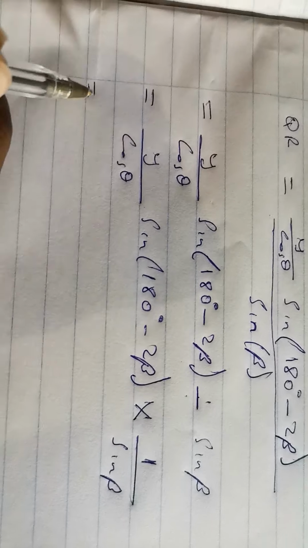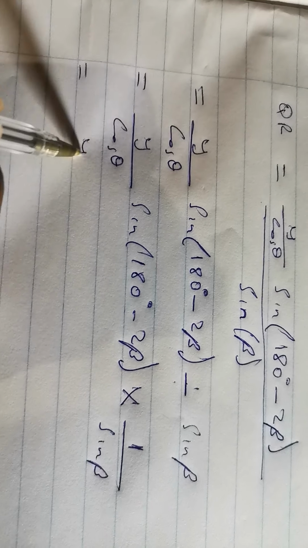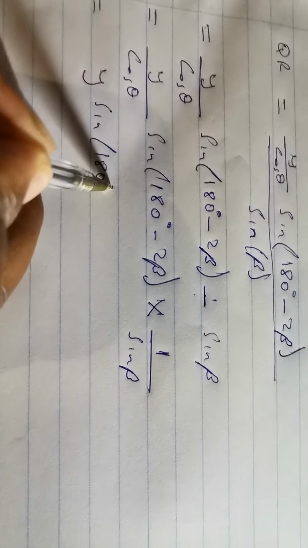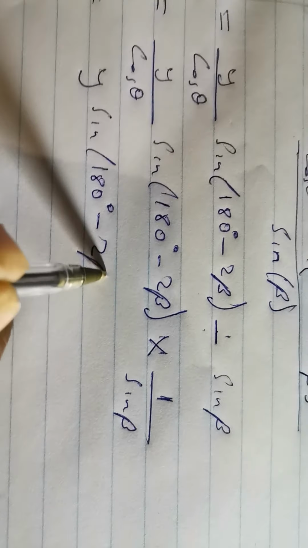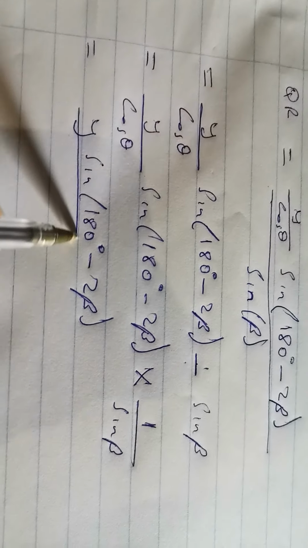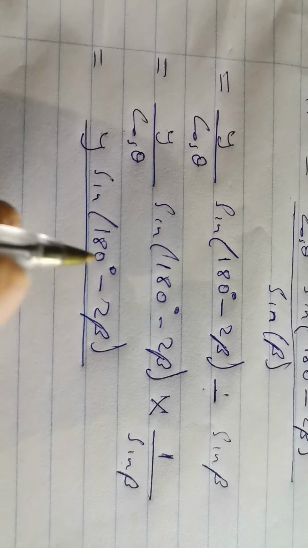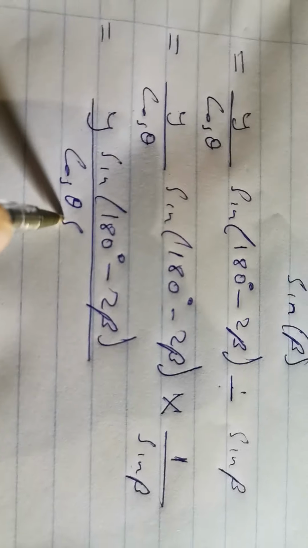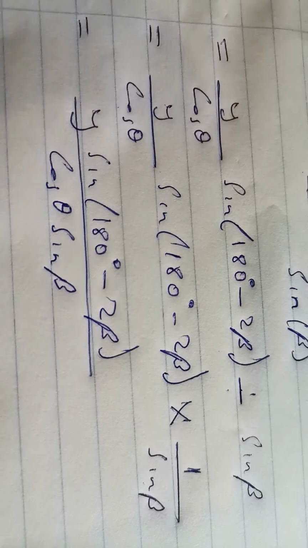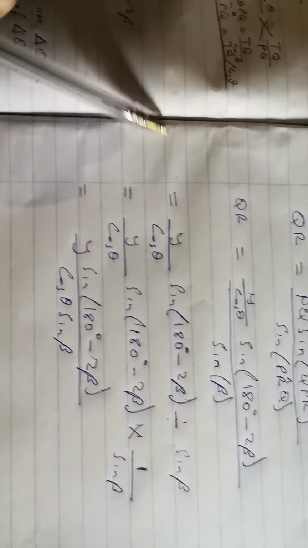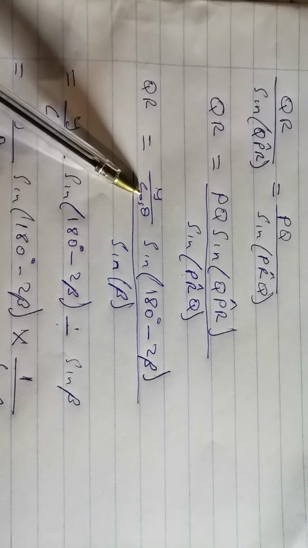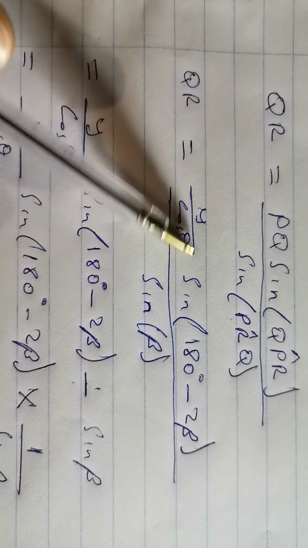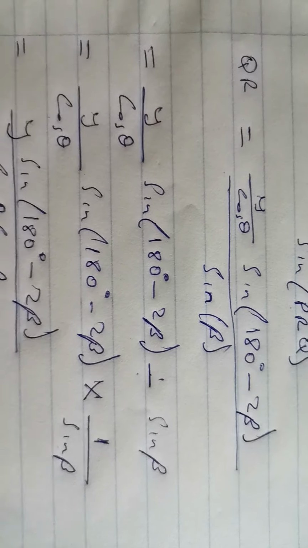Then at the top you have y sine of 180 degrees minus 2 beta, all over cos theta times sine beta, right? Okay, so can you see that you could have just dropped that cos theta there, but if you are not experienced enough, you won't know when to do that and when not to do that.